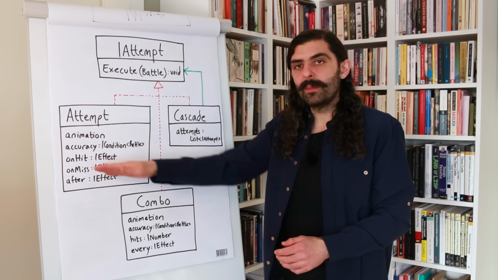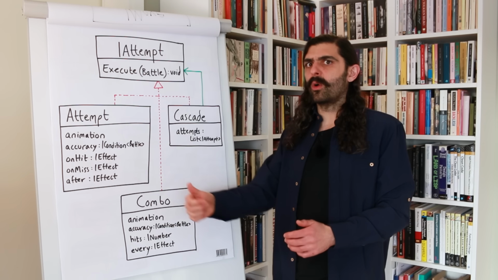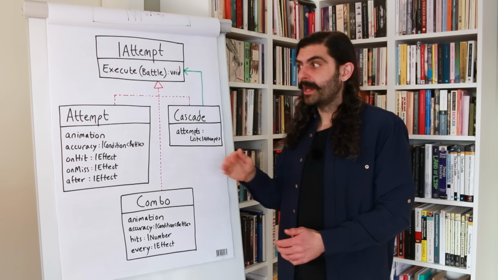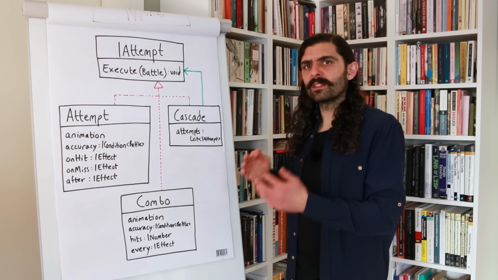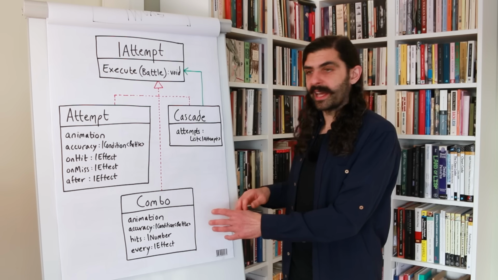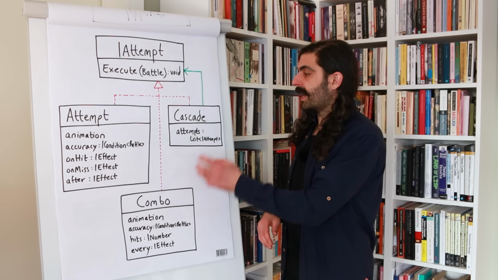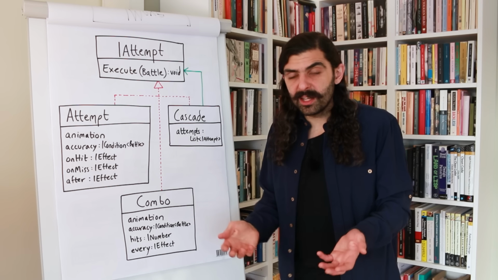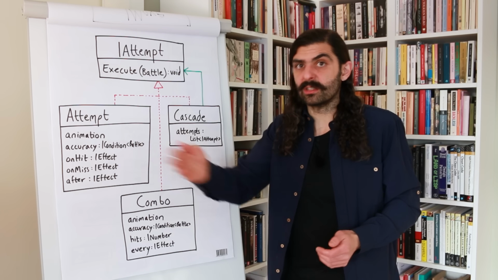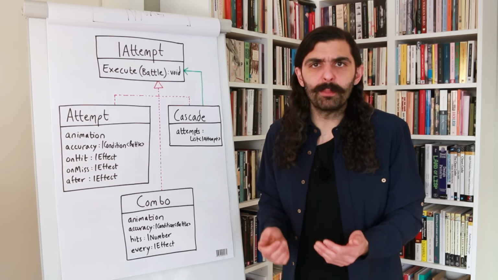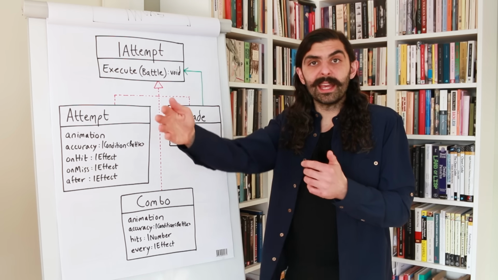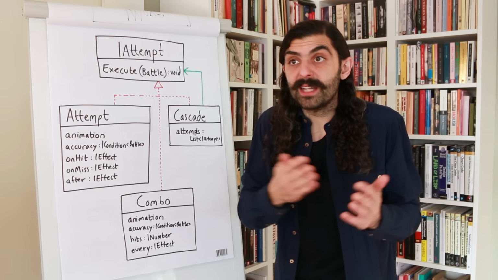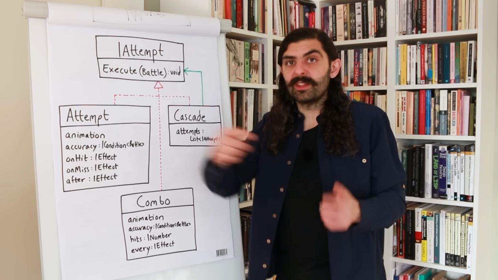And so the reason the animation lives on the attempt and not on the move that we just looked at is because actually a move can consist of multiple attempts. We haven't seen that yet, but that's going to be explained through this idea of cascade. And so if your move consists of multiple attempts, then you could hypothetically have a move that has different animations for each attempt. So there's a move called triple kick, for example, that can do up to 3 kicks. And hypothetically, you could have different animations for each of these different kicks.